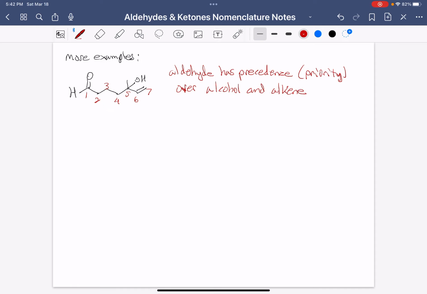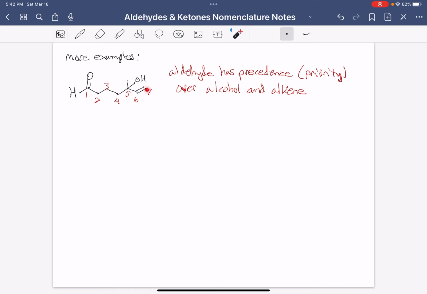So we would not start numbering at this end with the first carbon of the carbon-carbon double bond. That would not be carbon 1. Carbon 1 is over here where we have the aldehyde.